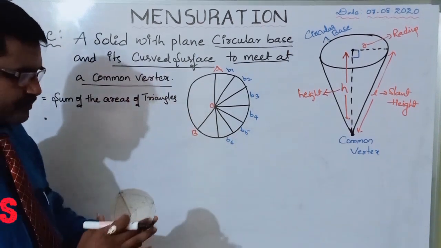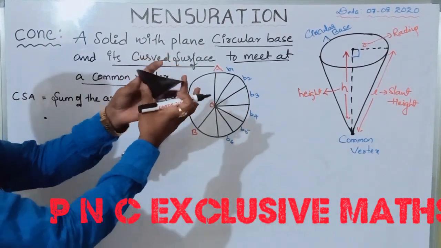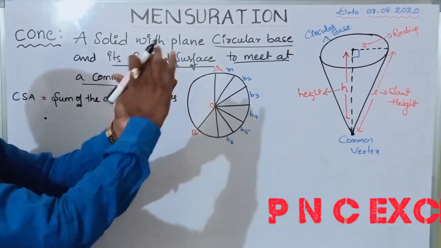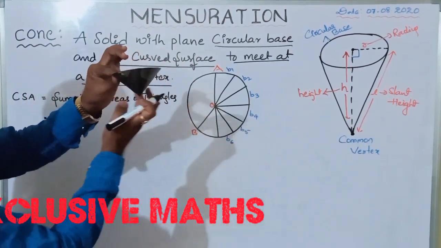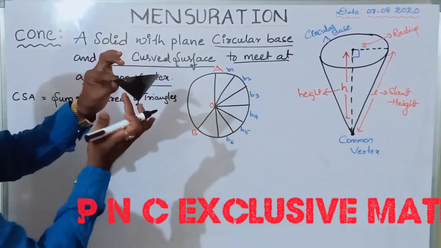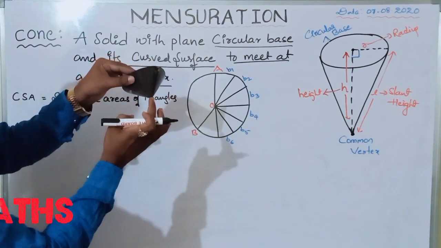So here is a solid, this is a cone, with a plane circular base and its curved surface. These curved surfaces meet at a common vertex.